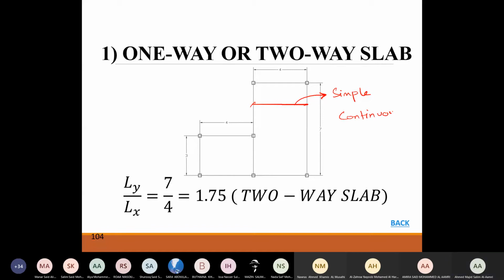So here we have it simple, and then here we have it continuous. Now, which one is going to be taken? You are always going to be taking the most critical situation, which is going to be simple. If you have two situations where simple and continuous, you're going to choose the simple.